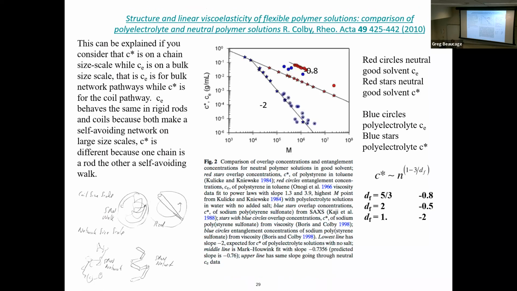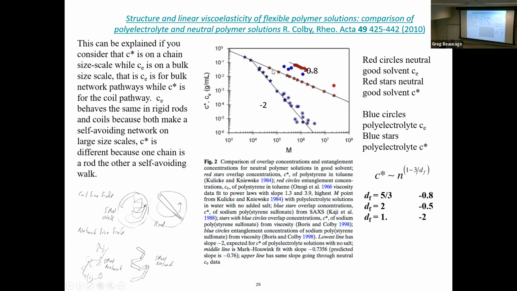This is the same paper by Colby. He measures this for polyelectrolyte, but the slope should be 2, because of the rod. The stars are the polyelectrolyte C star measured by scattering, I guess. The circles are measured by viscosity, the entanglement, and they're quite a bit different. They actually follow the 0.8 law, the good solvent law. These two are polystyrene in toluene or something.